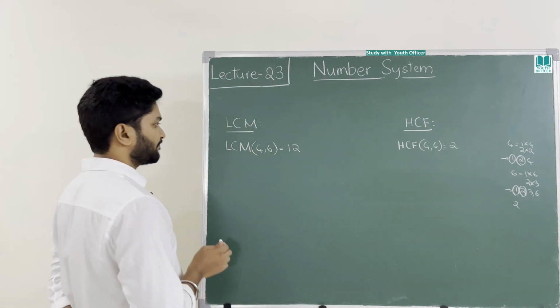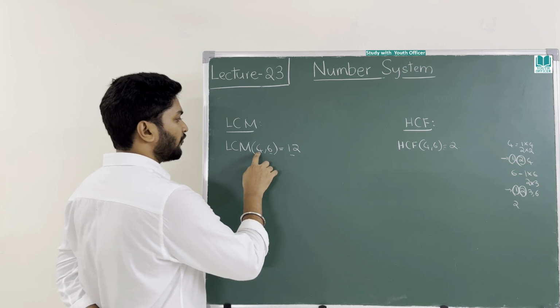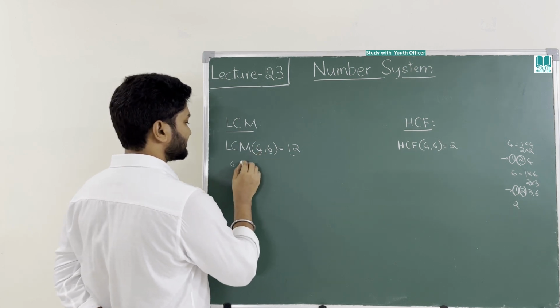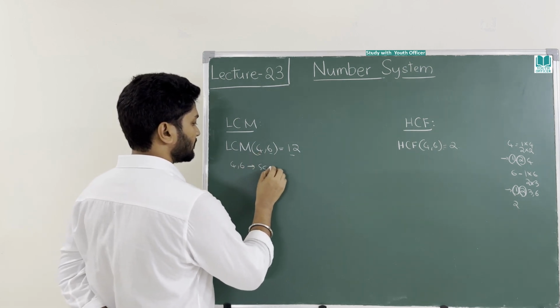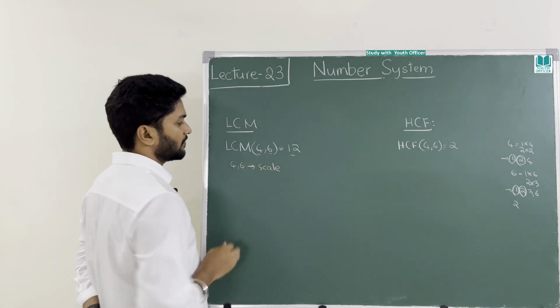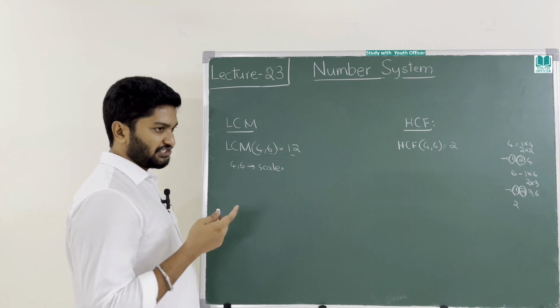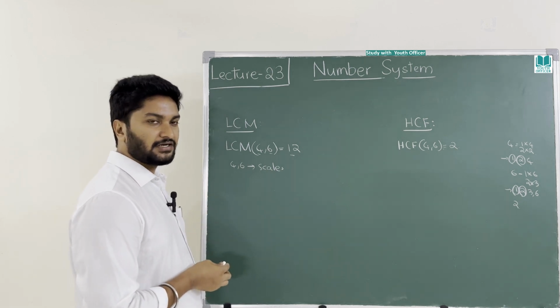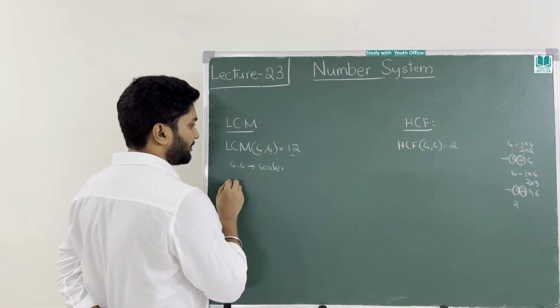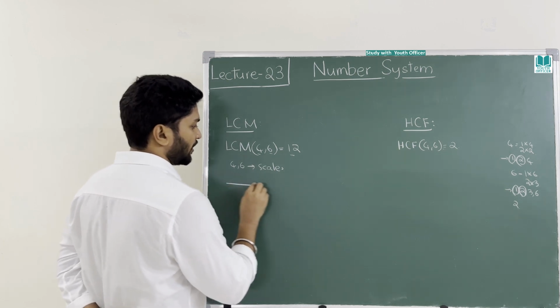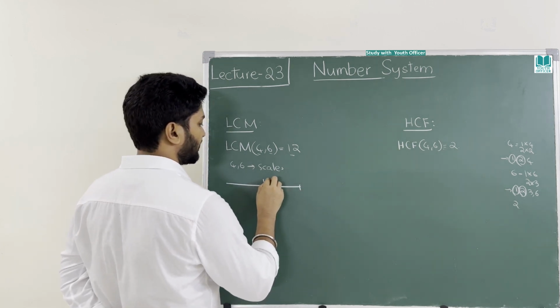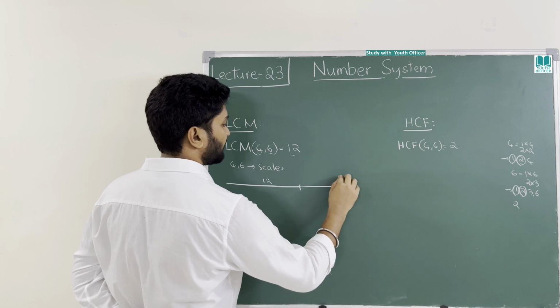That means 4 and 6 are scales. These are scales with which we should be able to measure pipes of different lengths, 12, and you can measure 24 also.